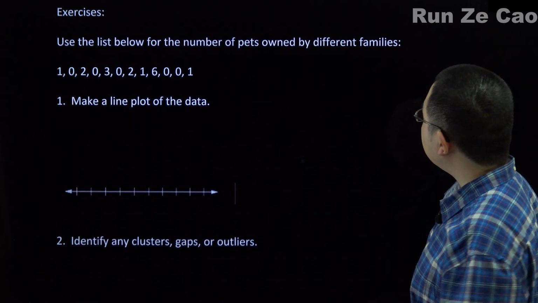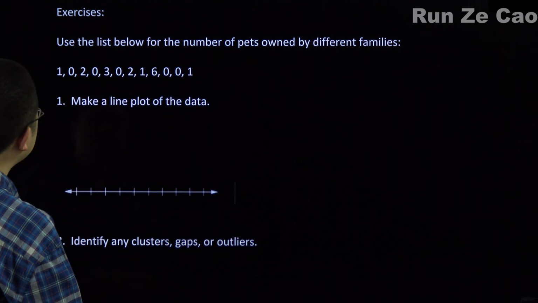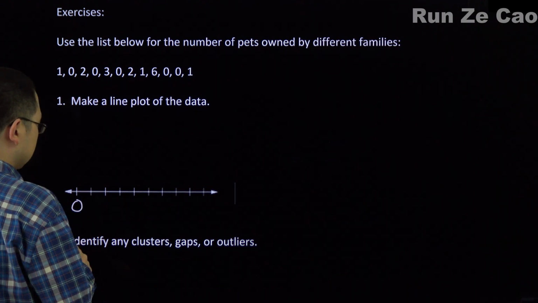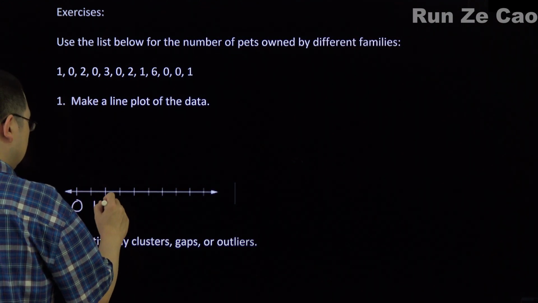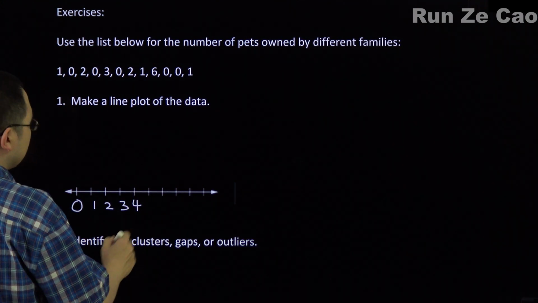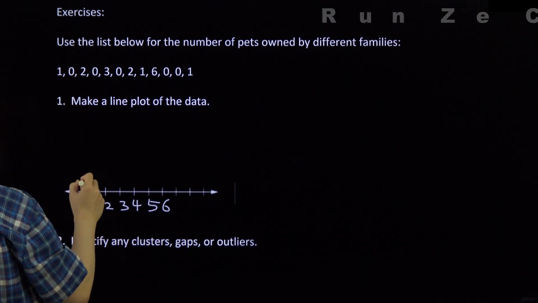Exercises. Use the list below for the number of pets owned by different families and make a line plot of the data. Well, you can't have -1 pet, so 0, 1, 2, 3, 4. There's a family with 6 pets, so there.